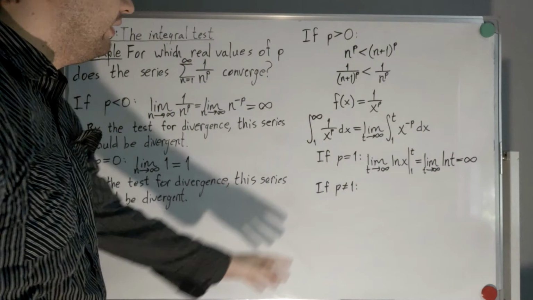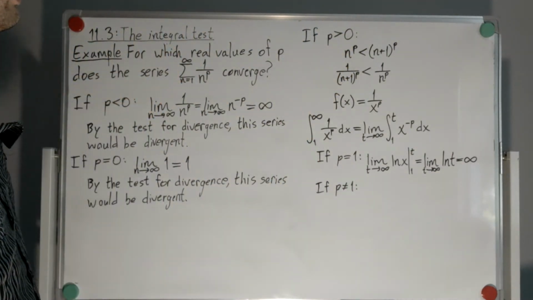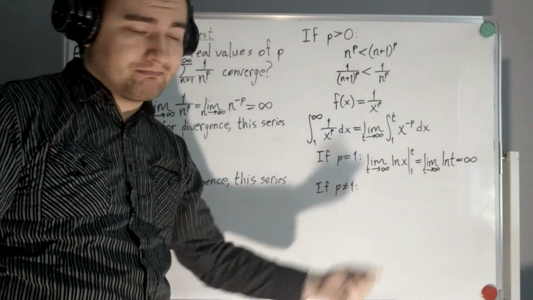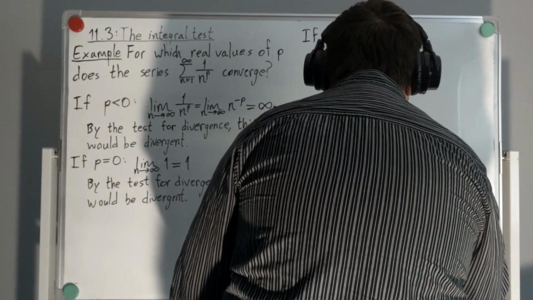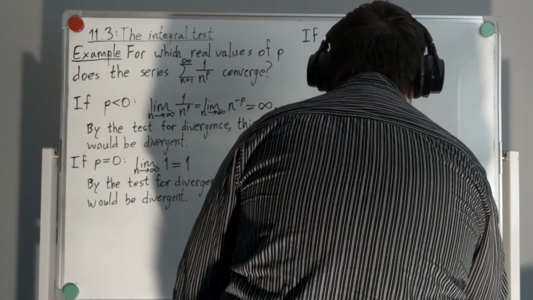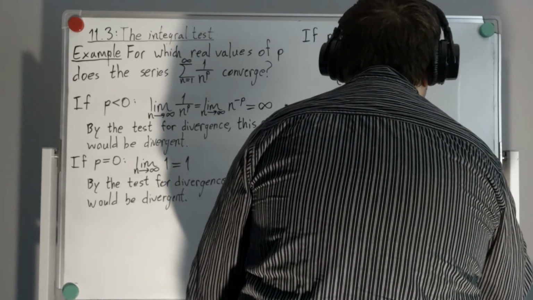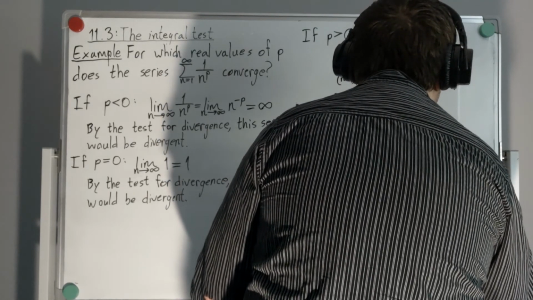If p is not 1, and we're still saying p is greater than 0, then you can do the power rule on this. So this will just become the limit as t approaches infinity of x to the 1 minus p divided by 1 minus p, and all of this is evaluated from 1 up to t.